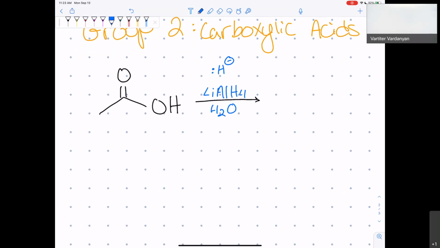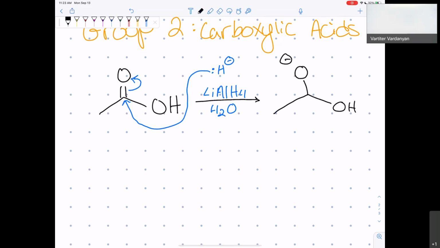The H is going to attack the carbonyl carbon, and these electrons again are going to go up. So we're going to get this. All right, so at this point, what can we do?